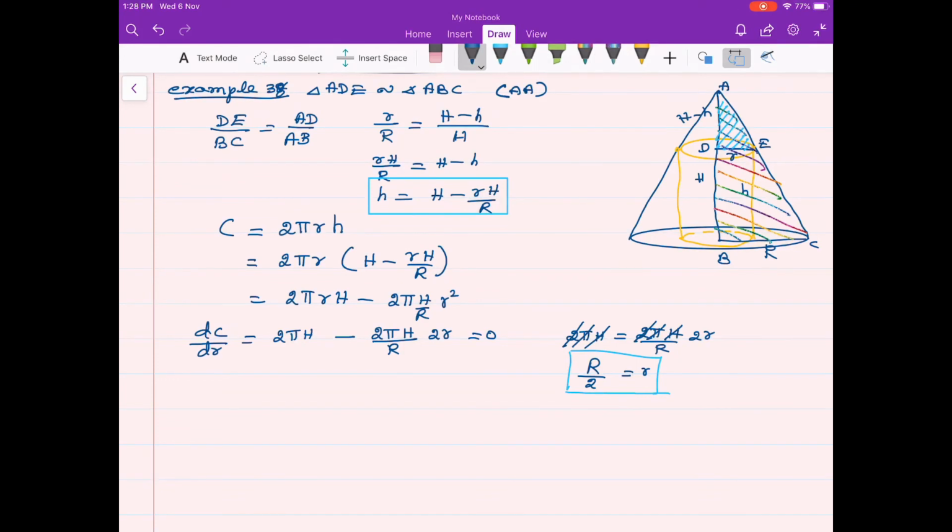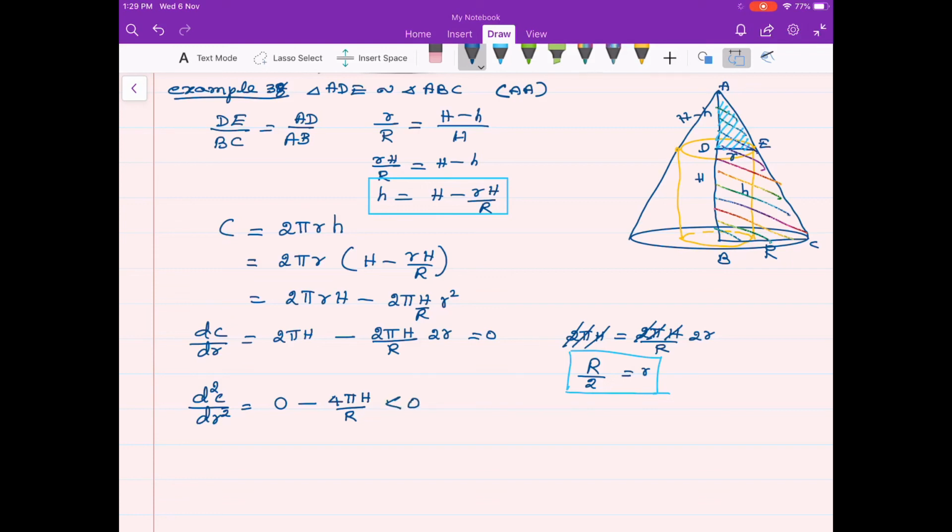Don't forget to do the second derivative. It carries 1 mark. d square C by dr square is 2 pi H, it is a constant, so 0 minus 4 pi H by R into derivative of r with respect to r is 1.